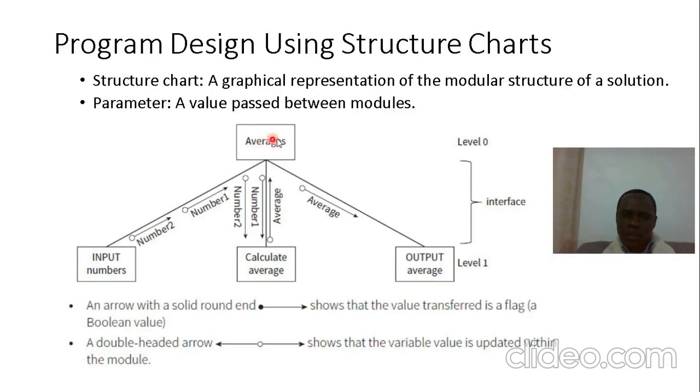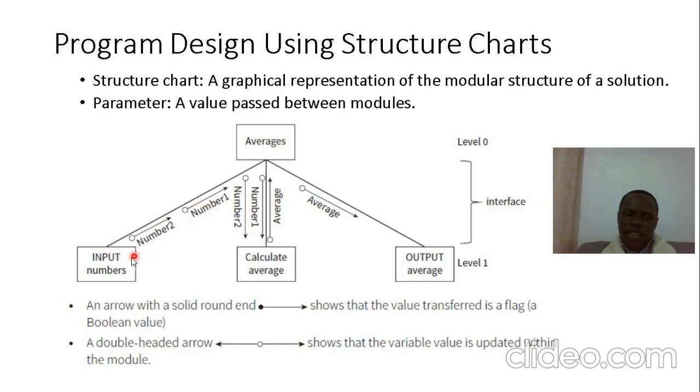But in this averages program, what is it really doing? It's supposed to accept inputs, calculate the average and output. So you've more or less modularized it. You're going to say there's an interface. This interface should show that you input two numbers and get an average.